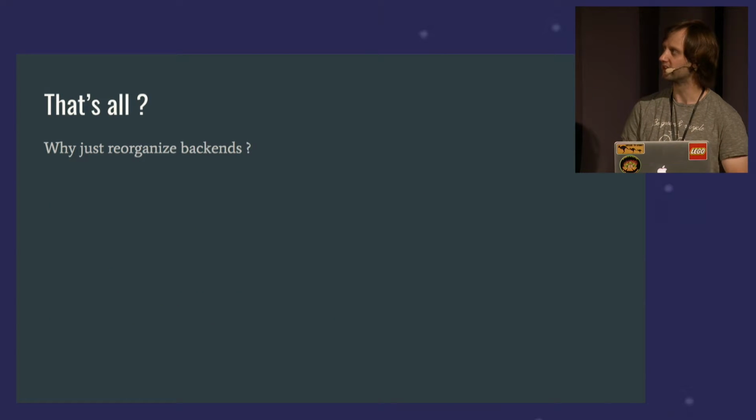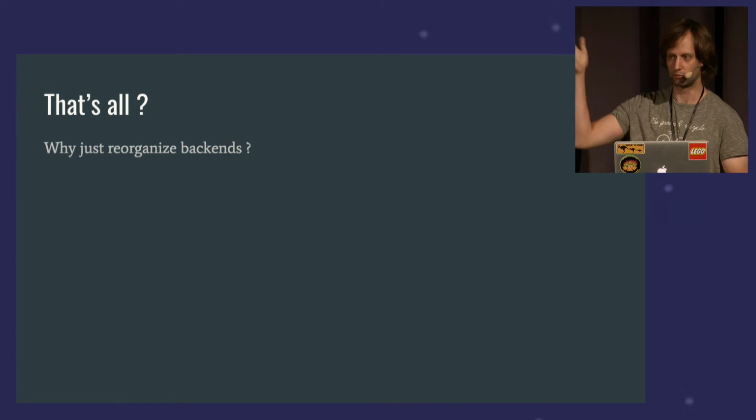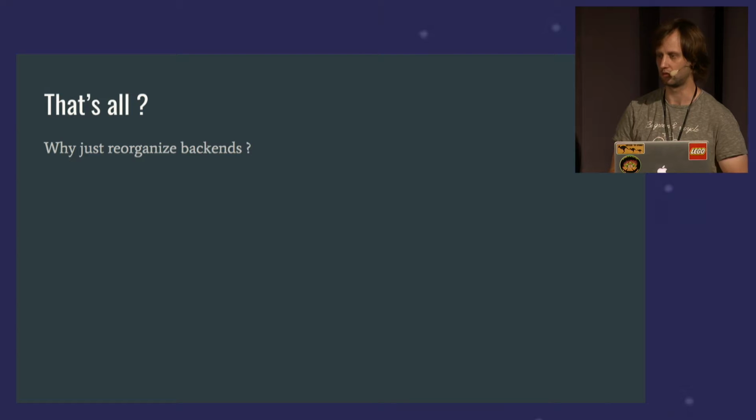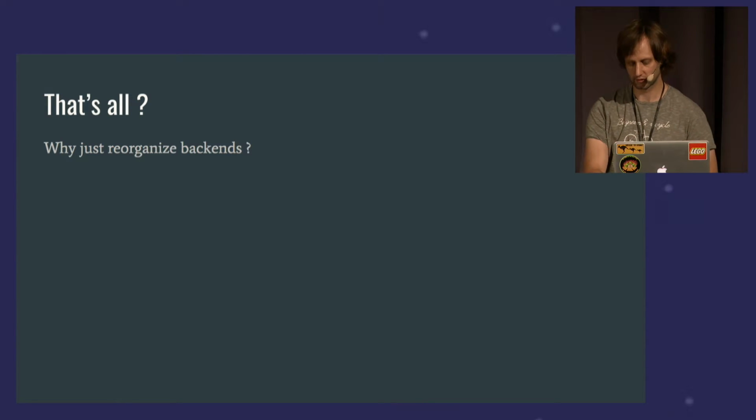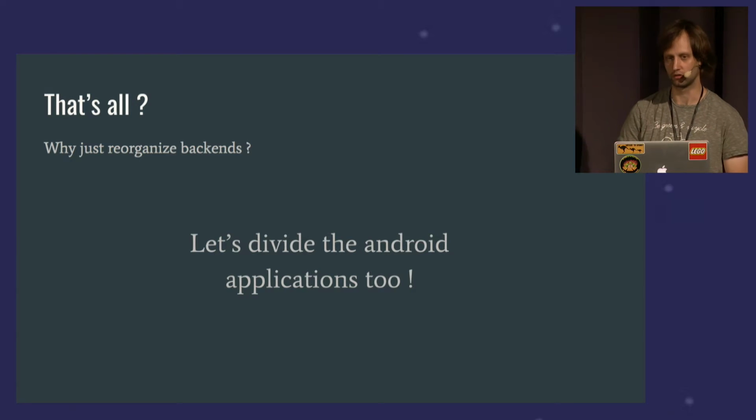So that's natural. Why did we just reorganize the backend? Because usually when we are talking about microservices, we often think about backend, and that was the start of our project. Now we also decided to divide the Android application too.